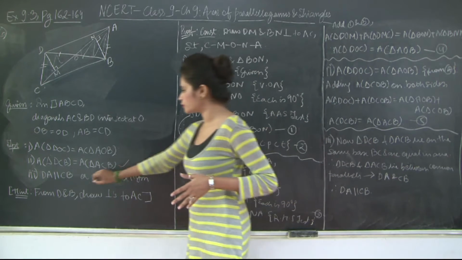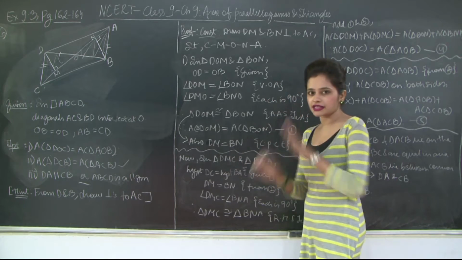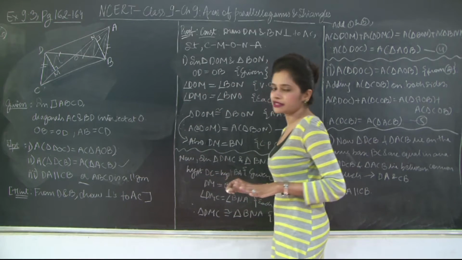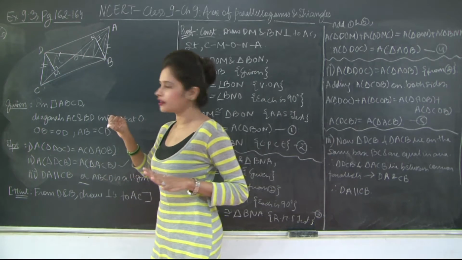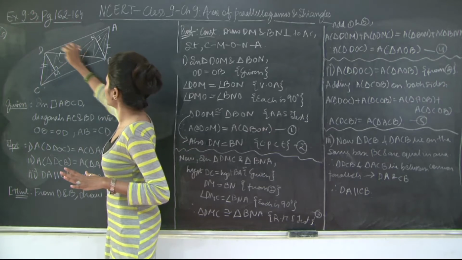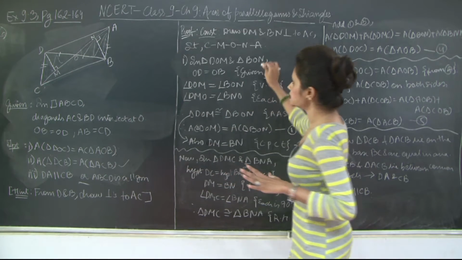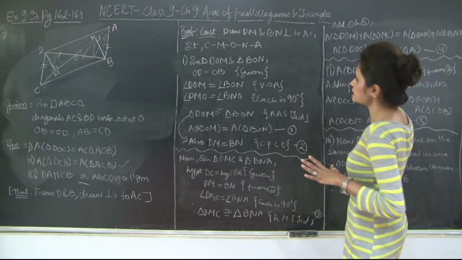I also need to prove, see here it is an OR, but it is always good to prove whatever is required. So, I need to prove that ABCD is a parallelogram. Now, if you notice that OD is equal to OB, this is given, and also we proved that these two triangles are congruent to each other. Where did we prove this? This was the first part that we proved, DOC and AOB.